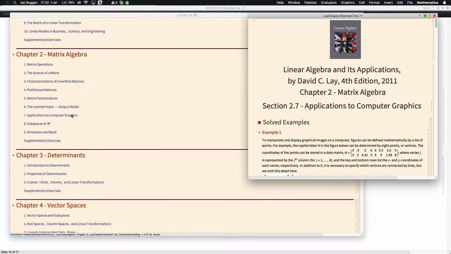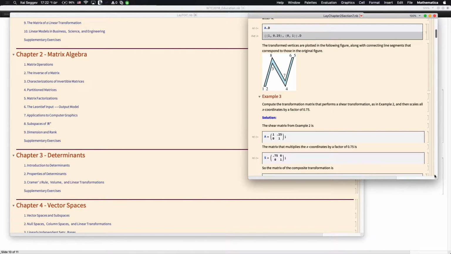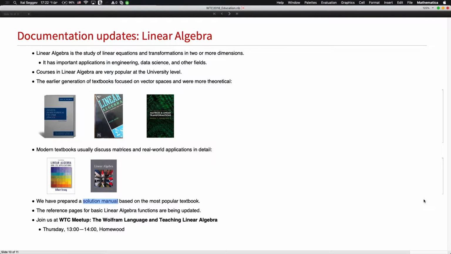And it's quite nice to see how the Wolfram language copes, or doesn't cope in some cases, with what's to be done over here. So that's the letter N. You shear it a little bit, and what happens? It goes there. How do you do that kind of thing? So we now have a complete solution manual for one of the most popular textbooks in linear algebra.